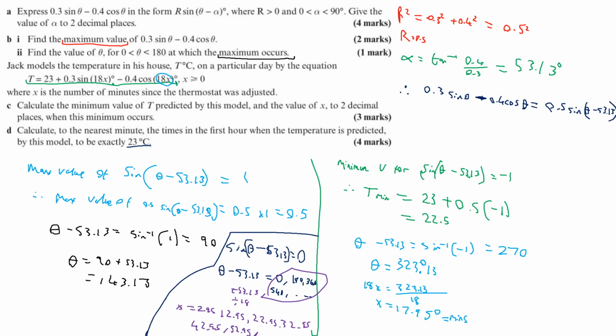So as you can see, we get answers of 1, 2, 3, 4, 5, 6 times. And that is how we solve word problems with trig.